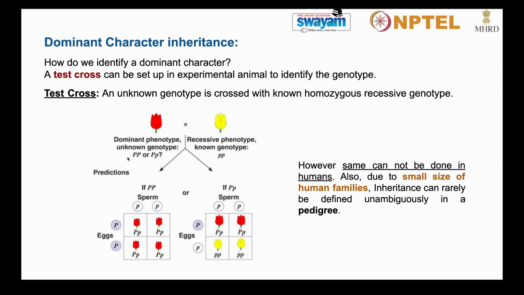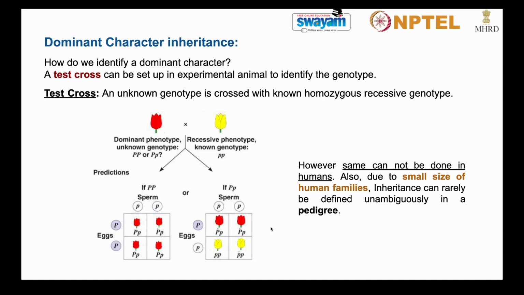For example, here you can see, you can predict what would be the genotype of this particular unknown species. You can tell whether it is a homozygous dominant form or a heterozygous form, and then you cross it with the recessive form. In this way, we can perform a test cross whenever we don't have information about the genotype of some species.